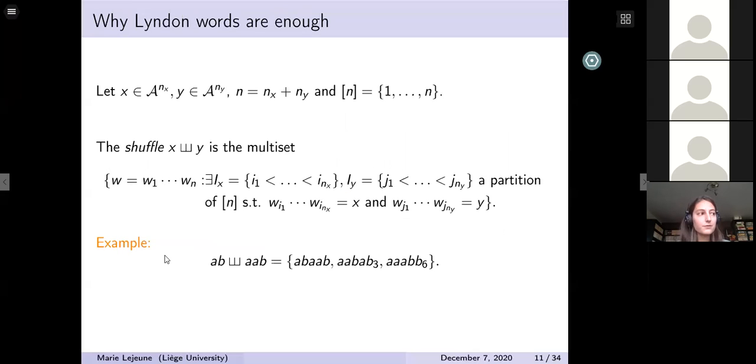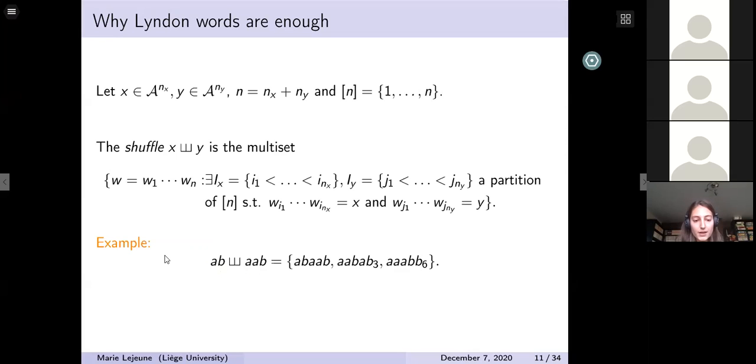I need 2 definitions that you probably already know. Here is the formal definition, but let's maybe just look at the example. So the shuffle of 2 words is just the multiset containing all the words that I can obtain by shuffling the letters of the first and the second word.